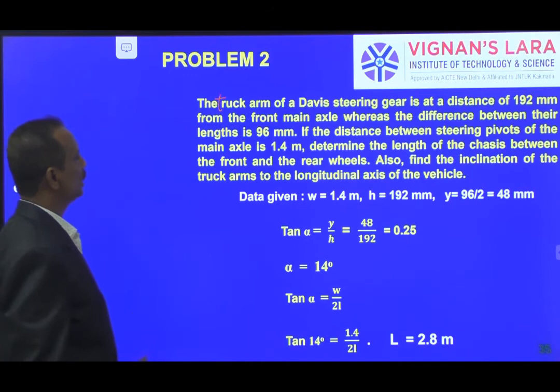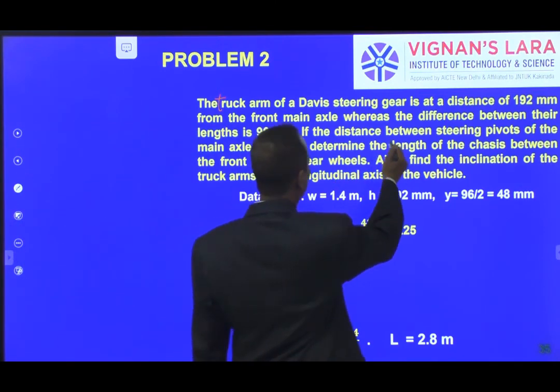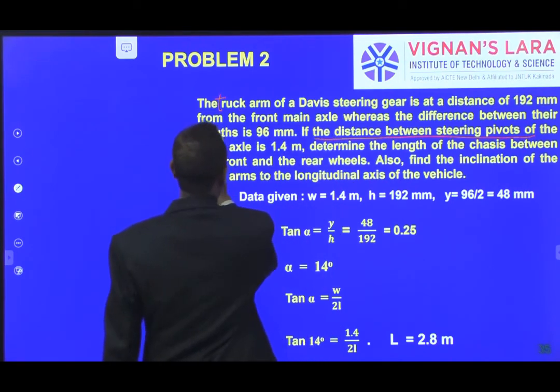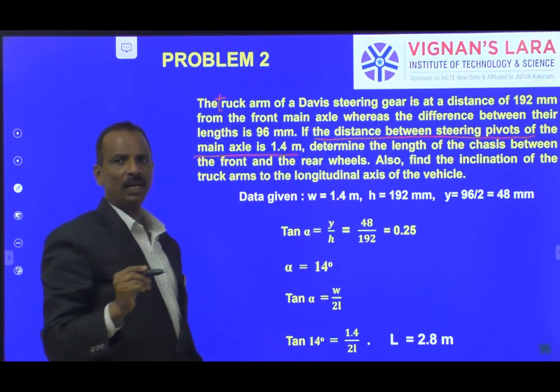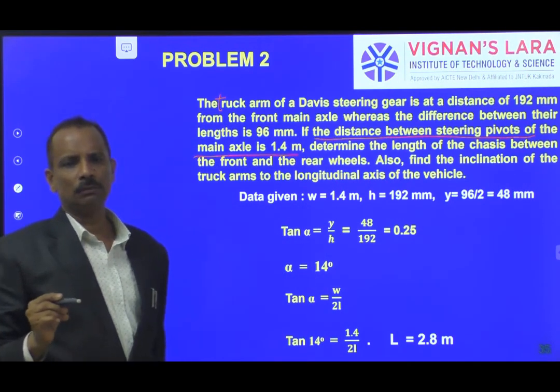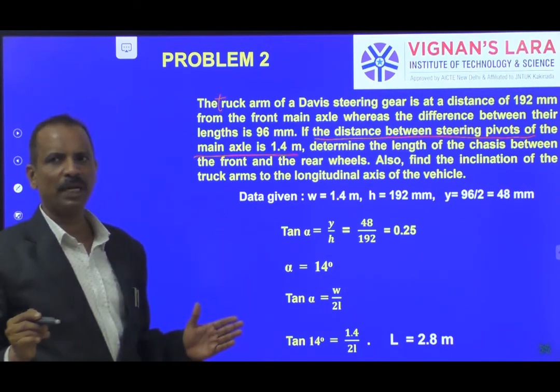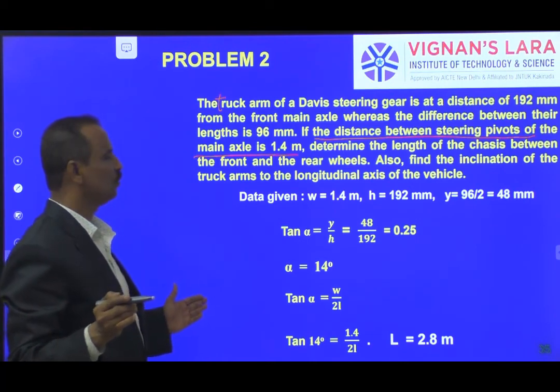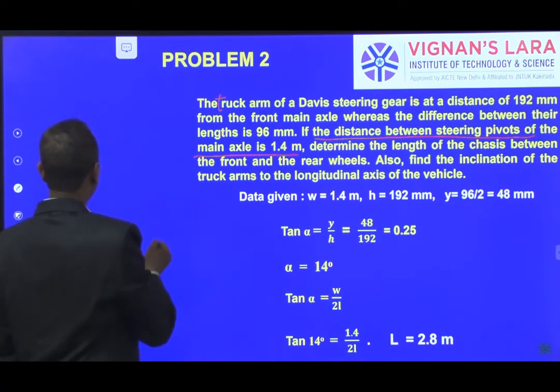So what is given? Let us see. Here they have given the distance between the steering pivots of the main axle, 1.4 meters, that is the width W that we defined in the previous sketch.